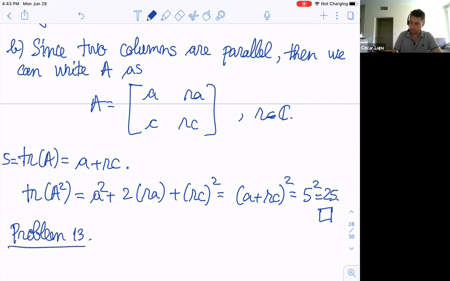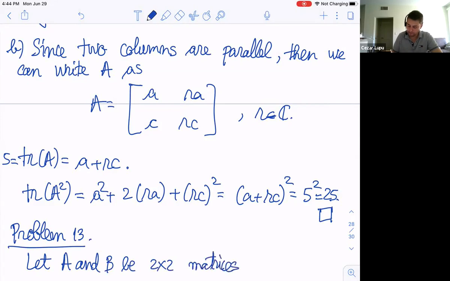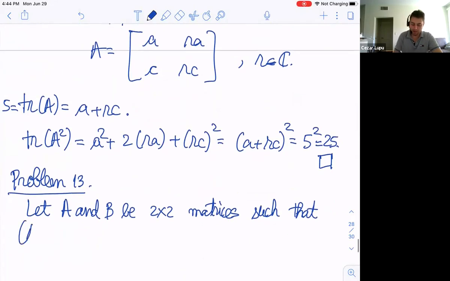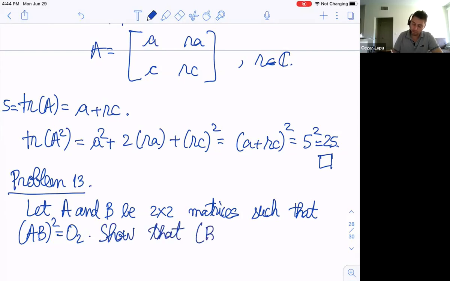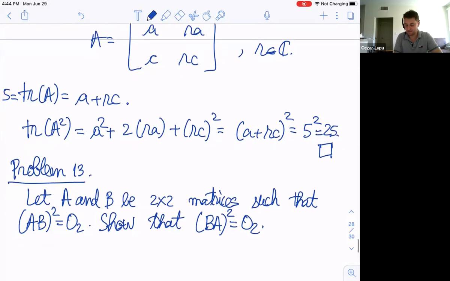Let A and B be 2 by 2 matrices such that (AB) squared is the null matrix. Show that (BA) squared is the null matrix. Okay. You see, this is very nice. If (AB) squared is the null matrix, then (BA) squared is the null matrix.